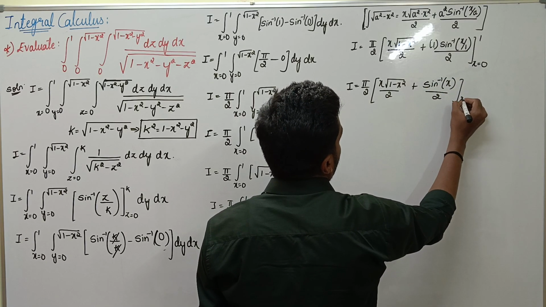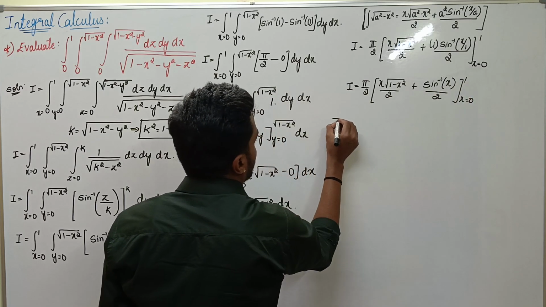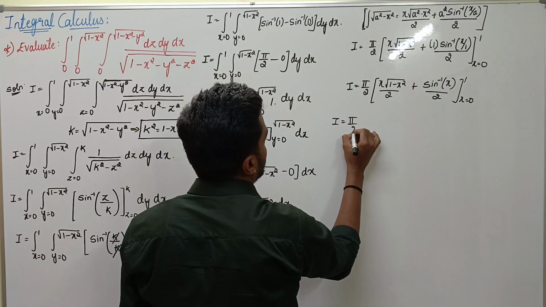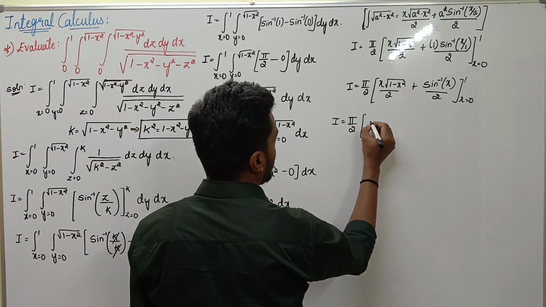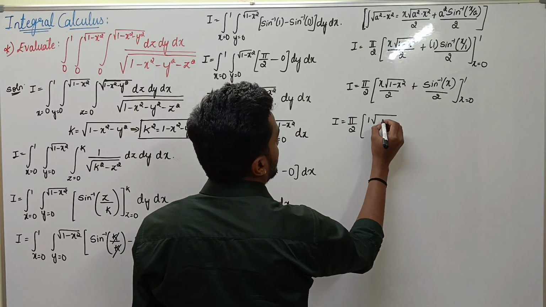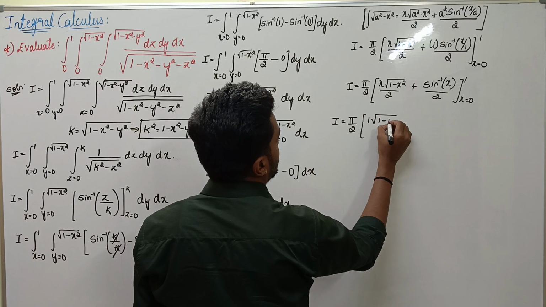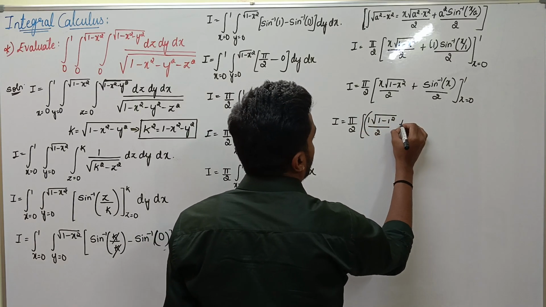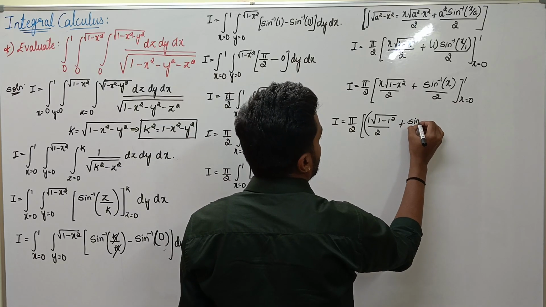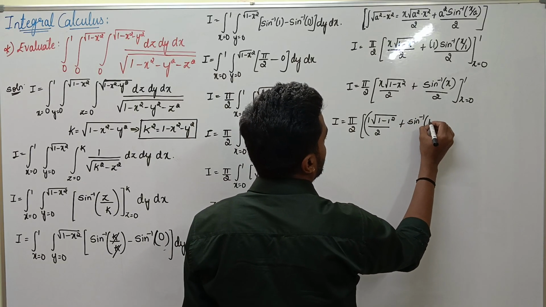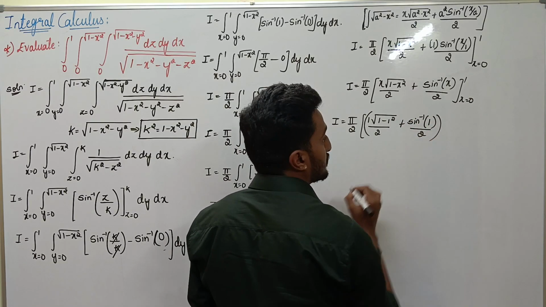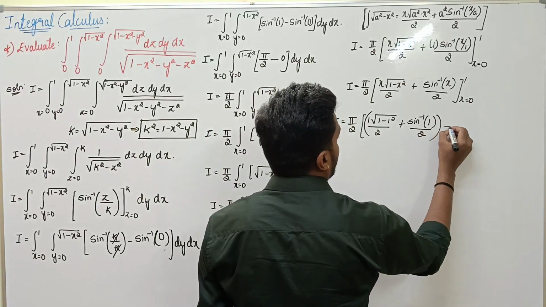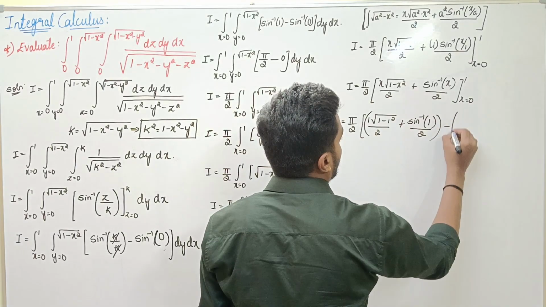Now let us apply the upper limit minus the lower limit. I is equal to pi by 2 into 1 into root of 1 minus 1 square divided by 2, this is the upper limit, plus sine inverse of 1 divided by 2, this is your upper limit, minus, now we have the lower limit.